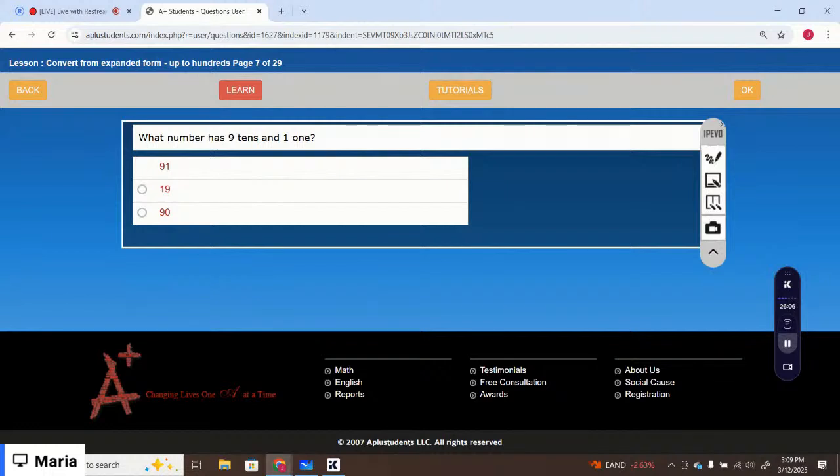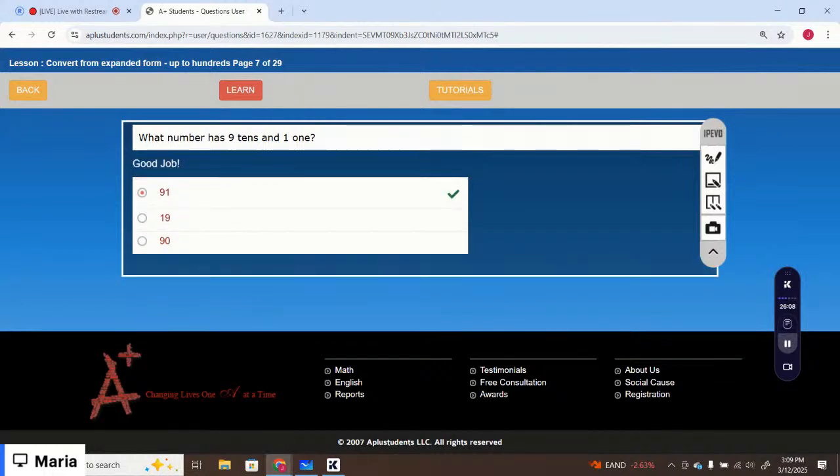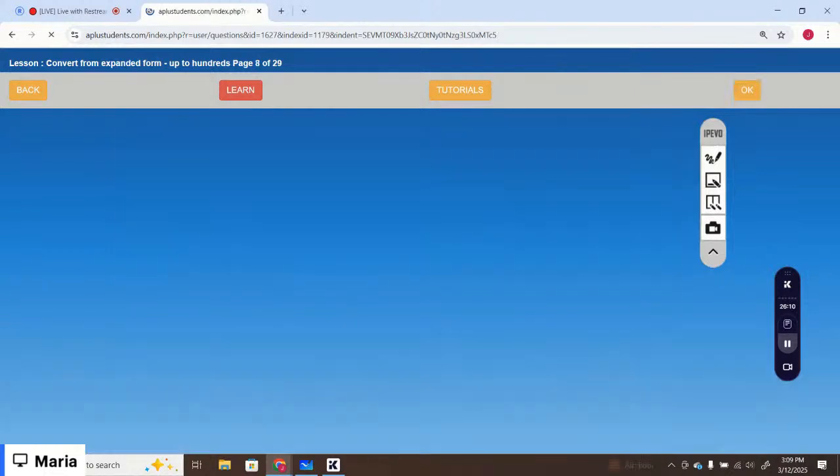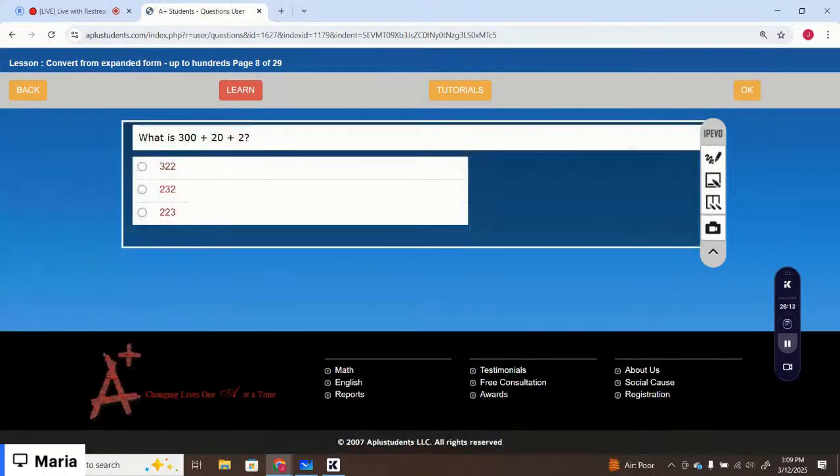That is 91. Option number one is the correct option. What is 300 plus 20 plus 2?